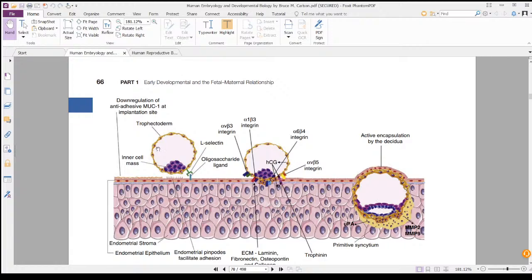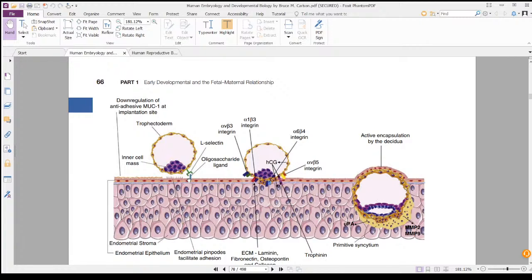I have told you that this is the blastocyst, the blastocele, and you have the inner cell mass and the trophoblast, and this comes in contact with the apical layer of the epithelial cell, which has finger-like microvillus projections and expresses mucin 1.